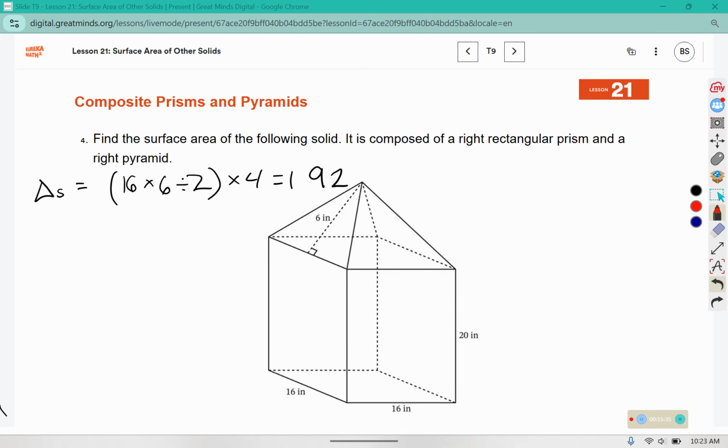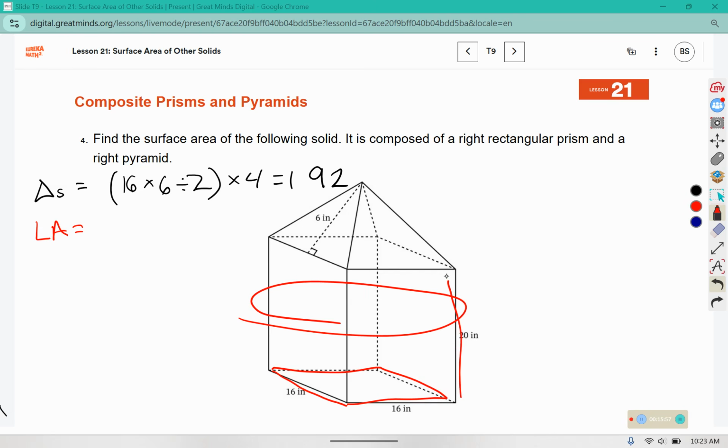In an earlier lesson, I believe it was lesson 18, we learned about lateral area, which is the area around the center of a prism, or the middle section of a prism. And the way that we found lateral area was we found the perimeter of the base and multiplied by the height.